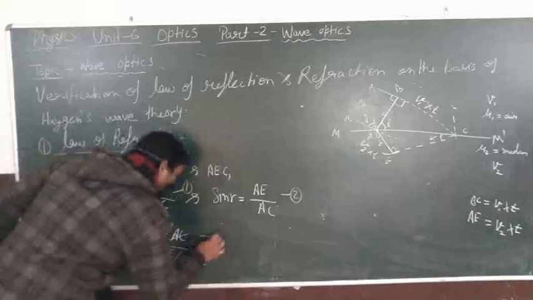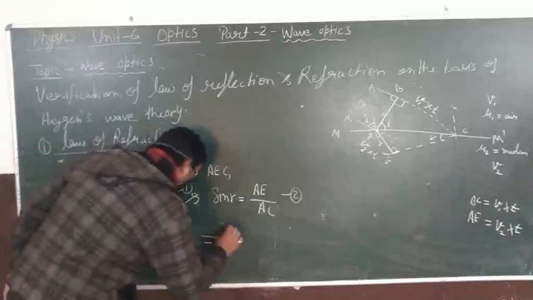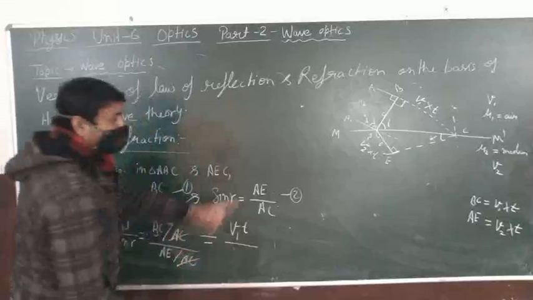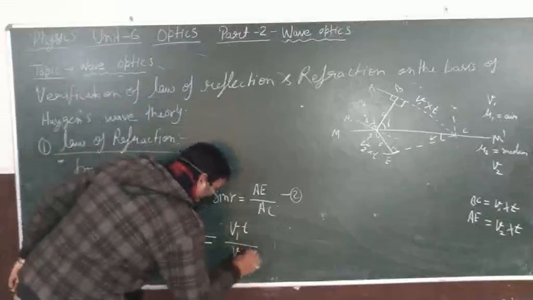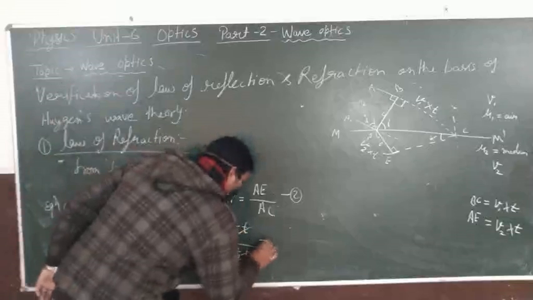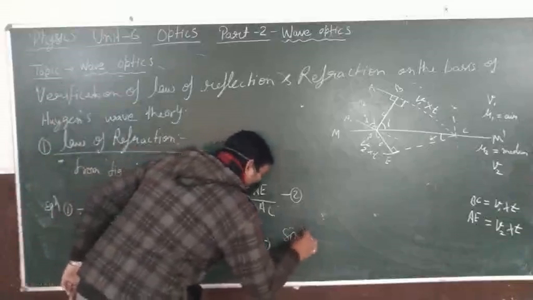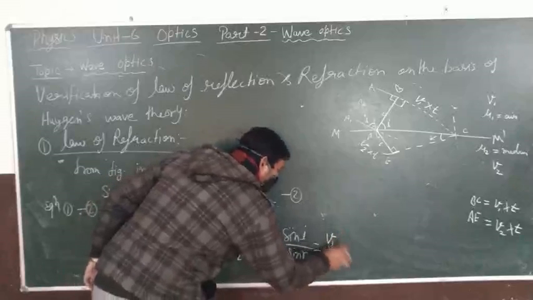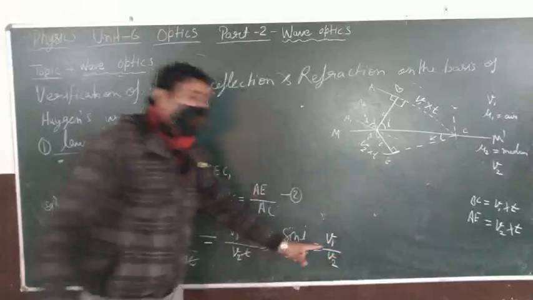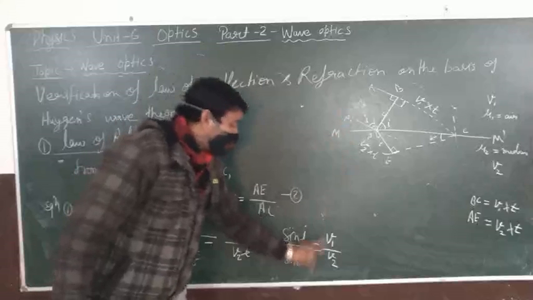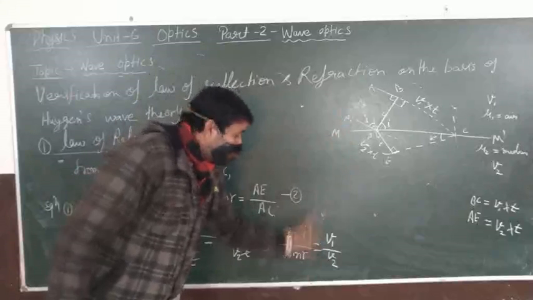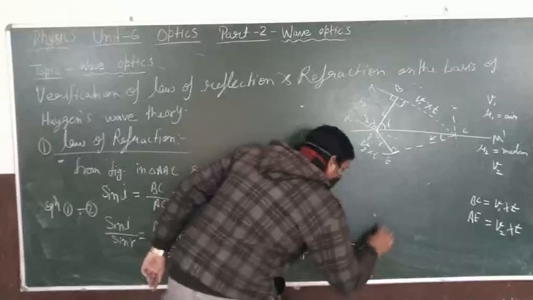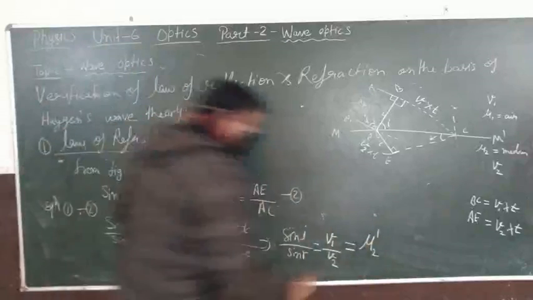Now AC cancels and we have BC upon AE. BC is equal to v1 t and AE is v2 t. This t cancels and we get sine I upon sine R is equal to v1 upon v2, which is the speed of light in the first medium to the speed of light in the second medium, and this ratio is equal to the refractive index of the second medium with respect to the first medium. This is our constant.